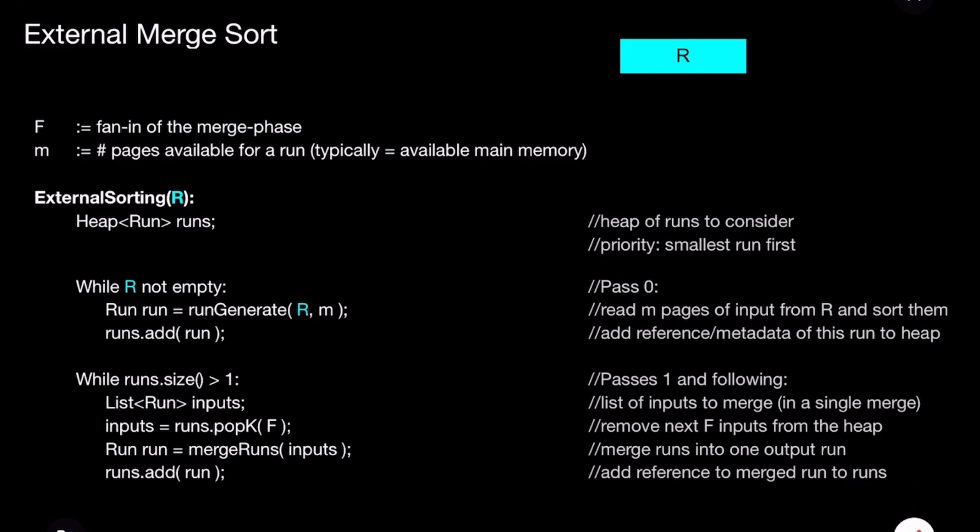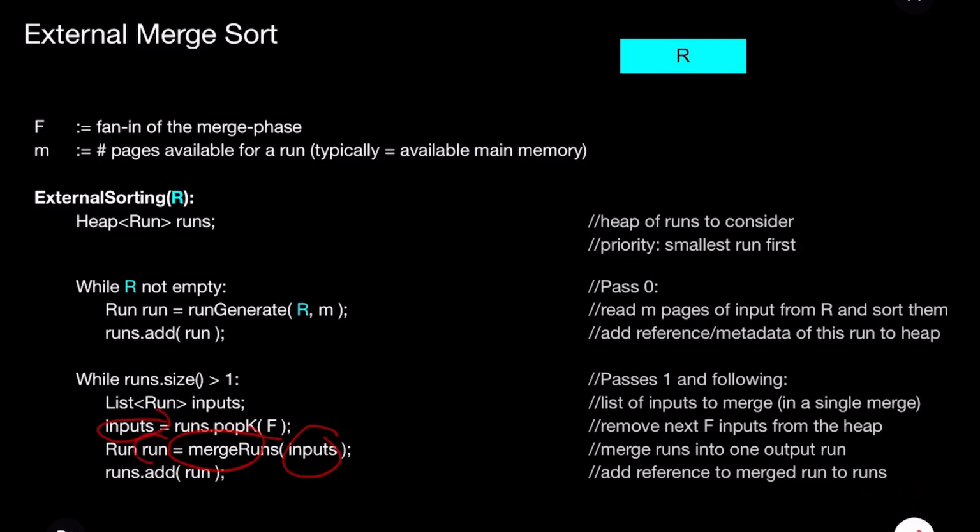And then you loop over the heap. Typically, the heap is organized using a heap order where the smallest run has the highest priority. So from the heap, you always take the smallest runs that exist and feed them to the merge operation. That happens here: I remove k entries from the heap, those are my inputs, and I use those as inputs into such a merge operation.